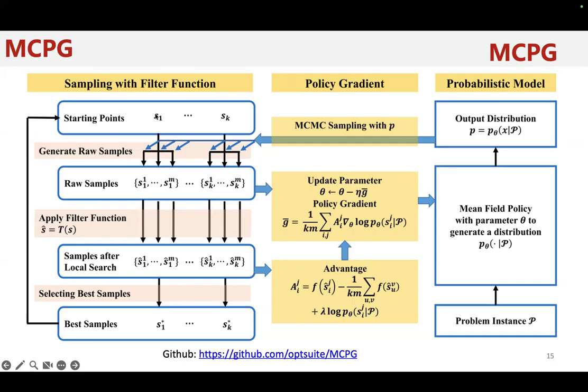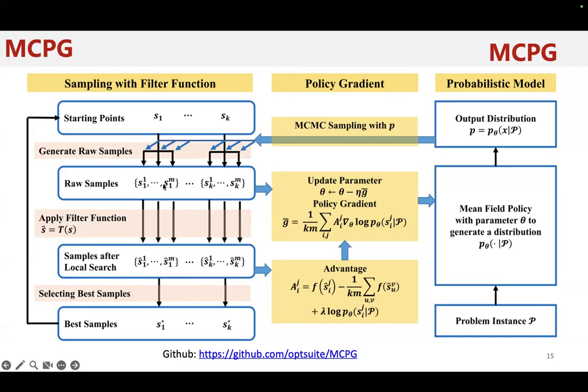For each iteration, we generate m Markov chains in parallel, and from each of the k starting points we generate m examples. This process can be done very efficiently on GPU, simultaneously, and very quickly.